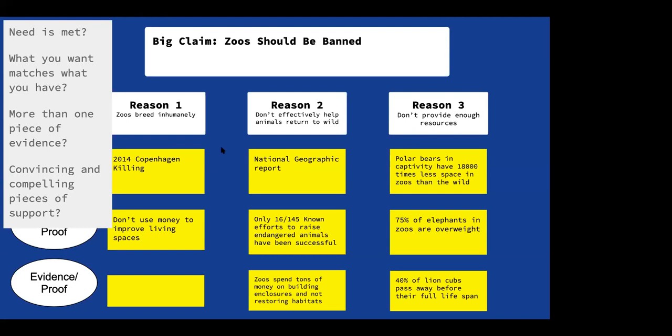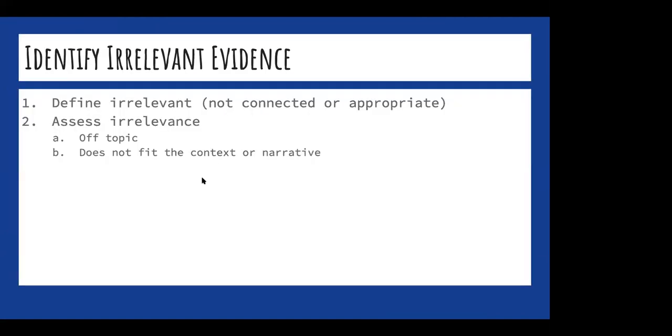Okay. All right, so then lastly, we look at what is irrelevant. So we tell students that irrelevant evidence is anything that's not connected or is not appropriate. And by that, we mean that it is off topic. So if it's irrelevant, that means it's not needed.